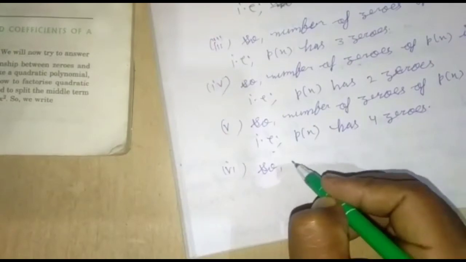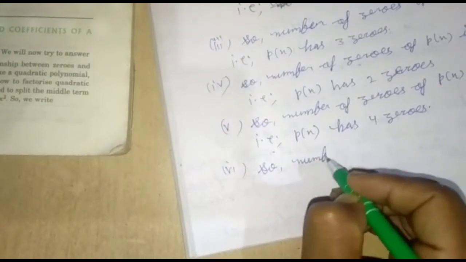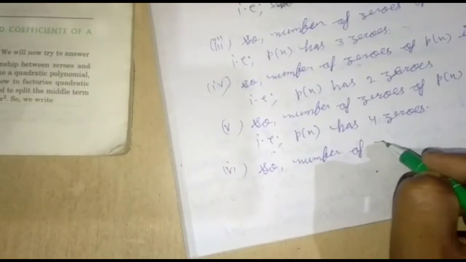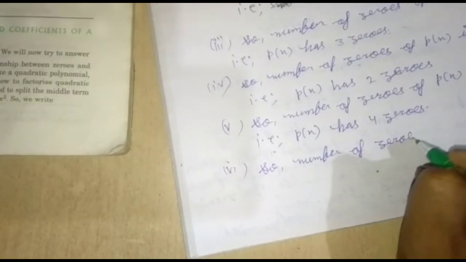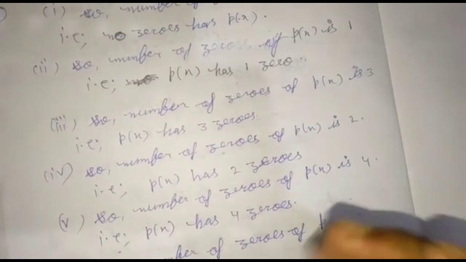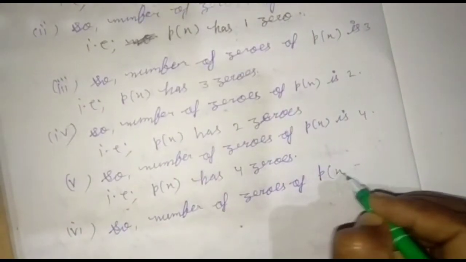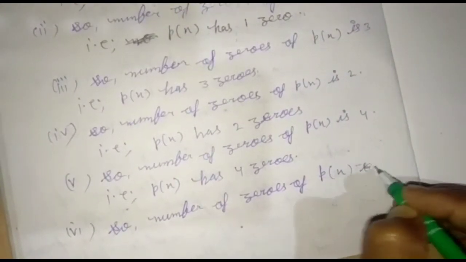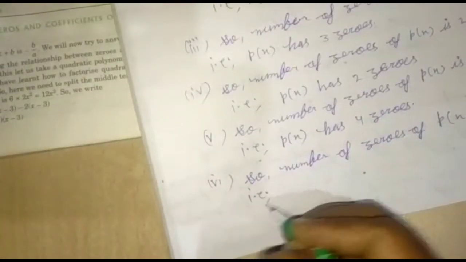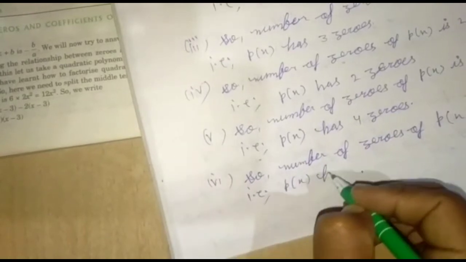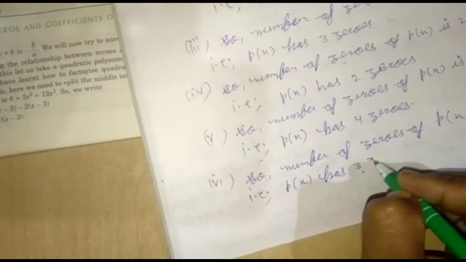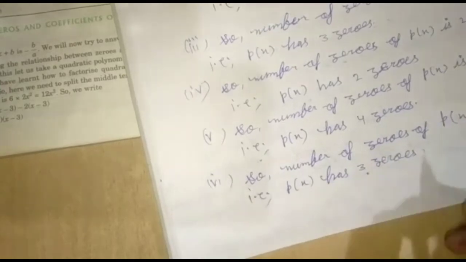So we write, the number of zeros of p(x) is 3, that is, p(x) has 3 zeros.